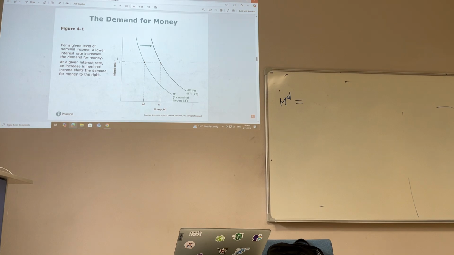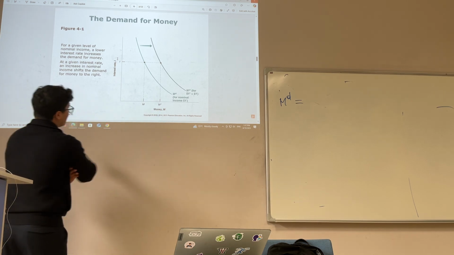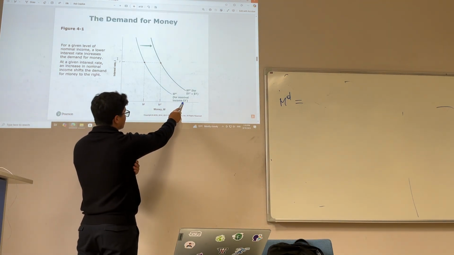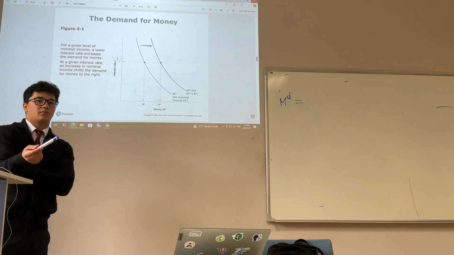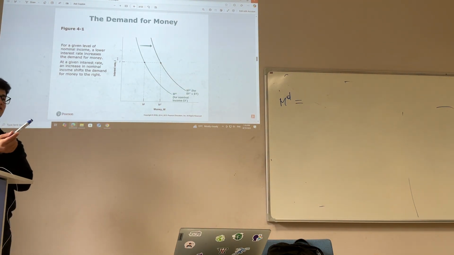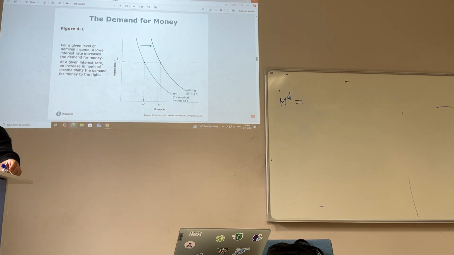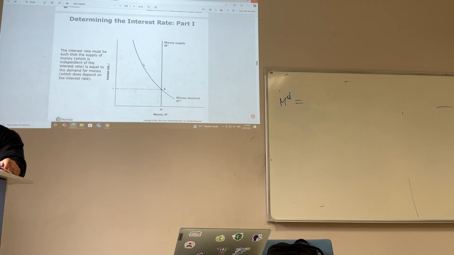Also here, the interest rate is dependent on money. When our demand for money increases, or when our nominal income increases, the interest rate increases. When people have more money, the interest rate moves. Here they show the money supply and money demand function.